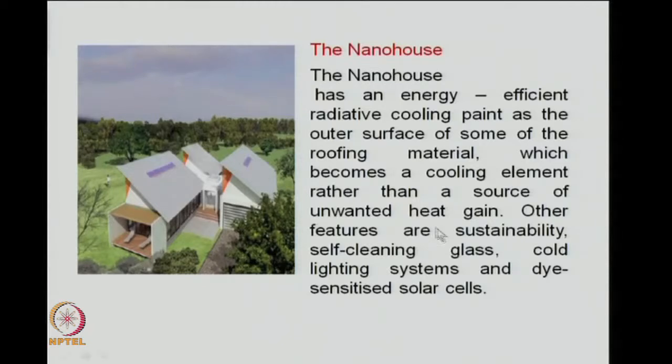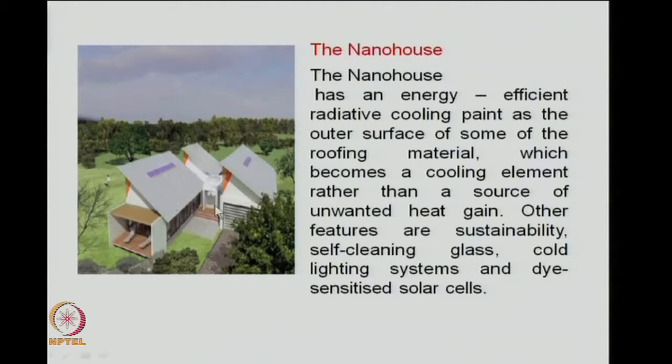Now, if you have an efficient radiative paint on top of the roof, then instead of heating, it becomes a cooling element, and many nanostructured paints or tiles are being used, which have a radiative cooling effect rather than a heating effect, and that is one important application.